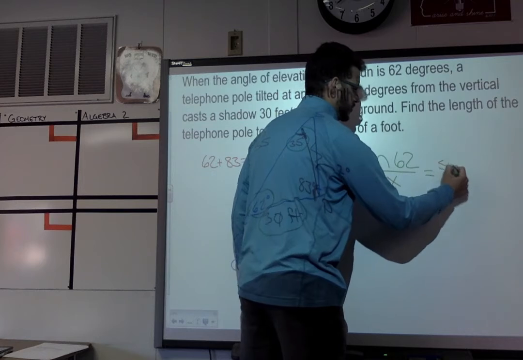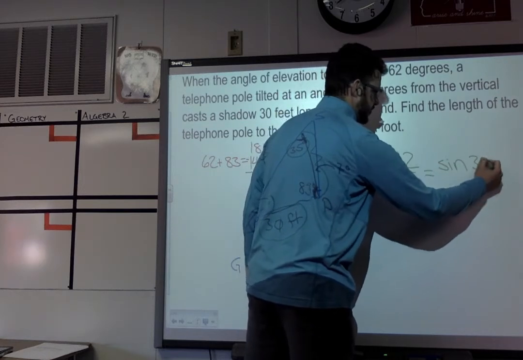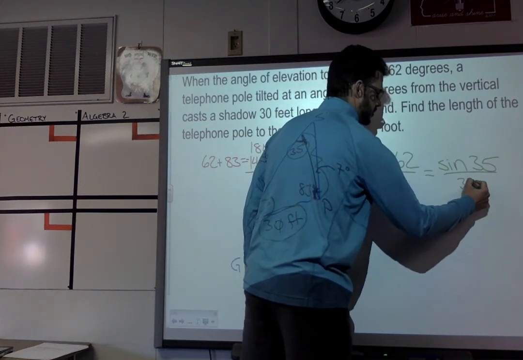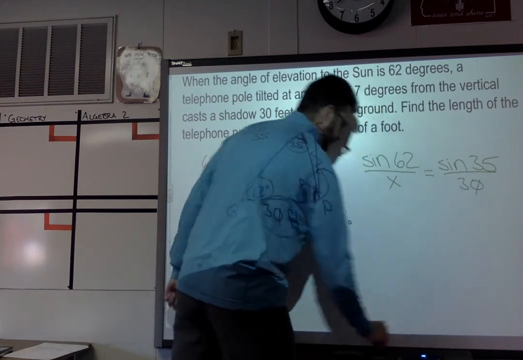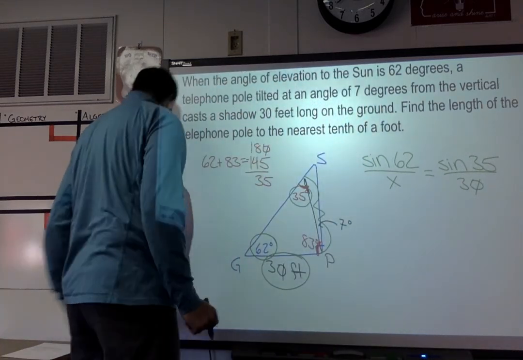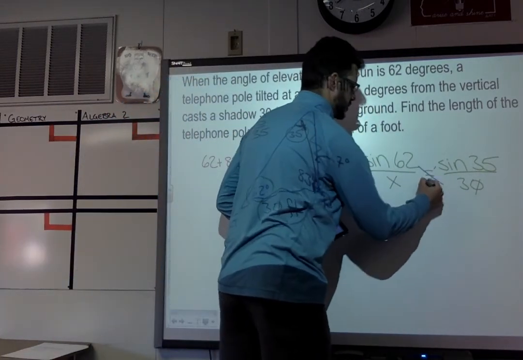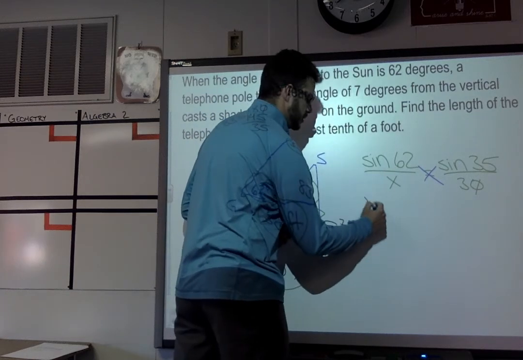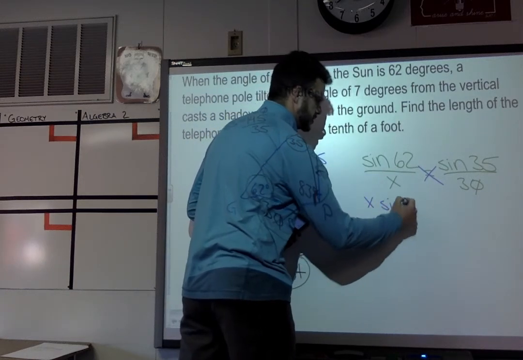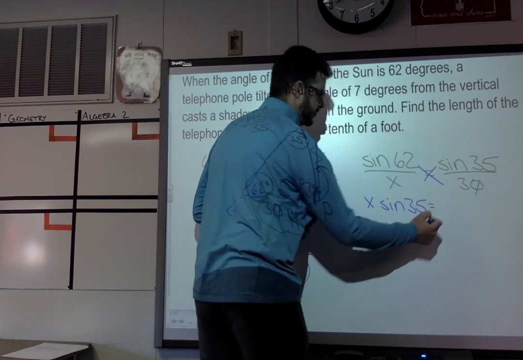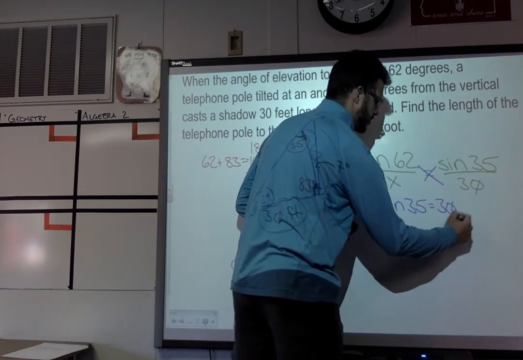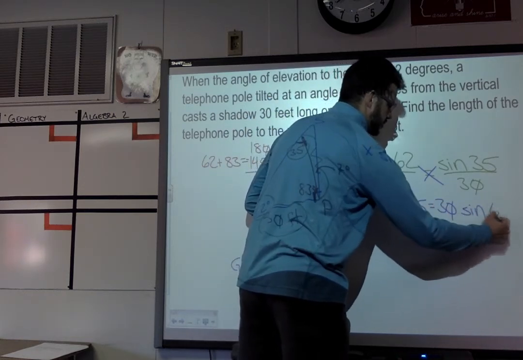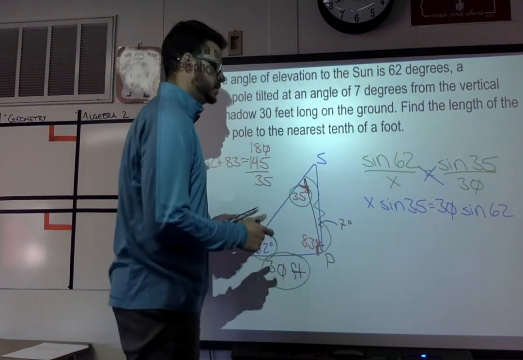So we'd set it equal to the sine of 35 over 30. Then again, just like before, to solve this, we're going to cross multiply. So x times the sine of 35 is equal to 30 times the sine of 62.